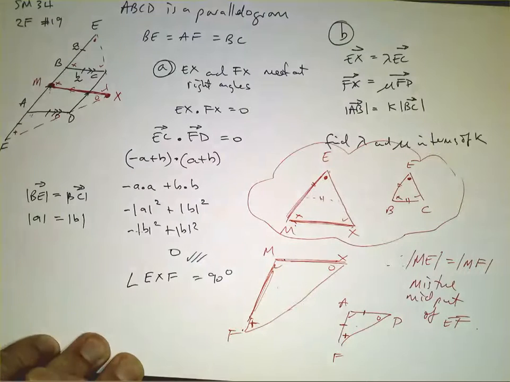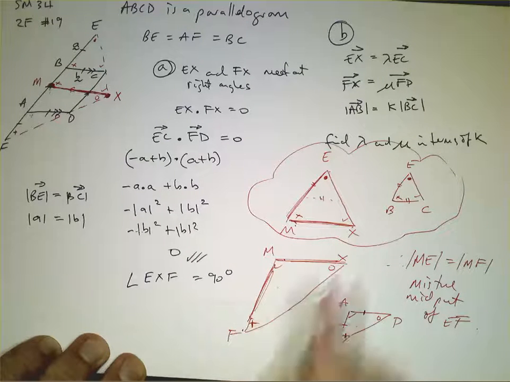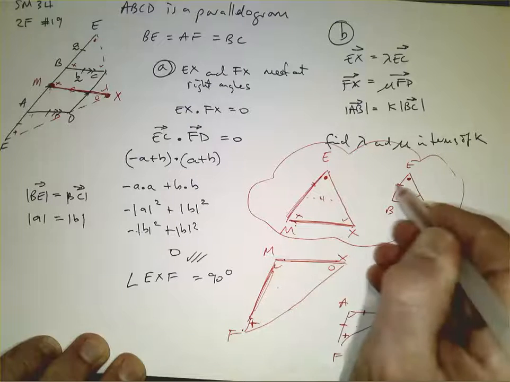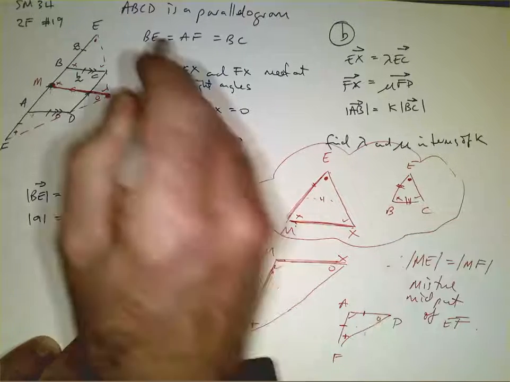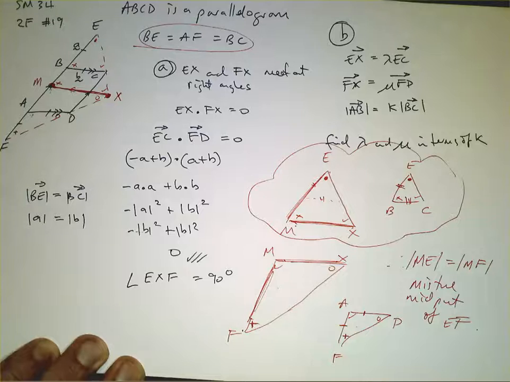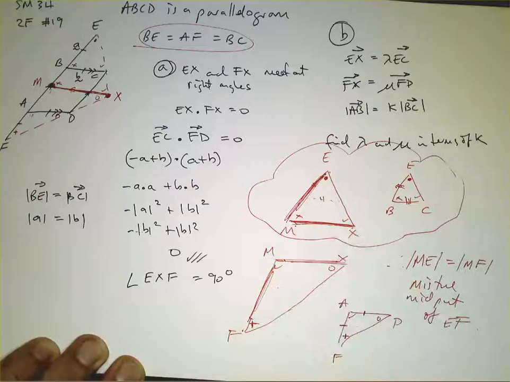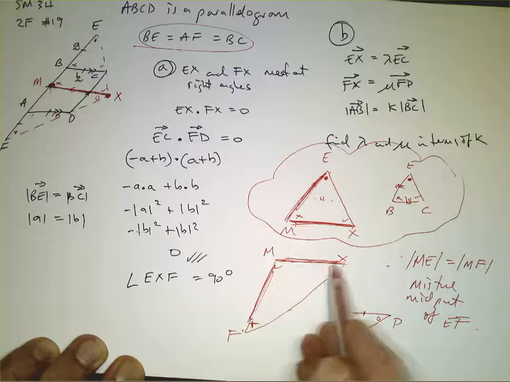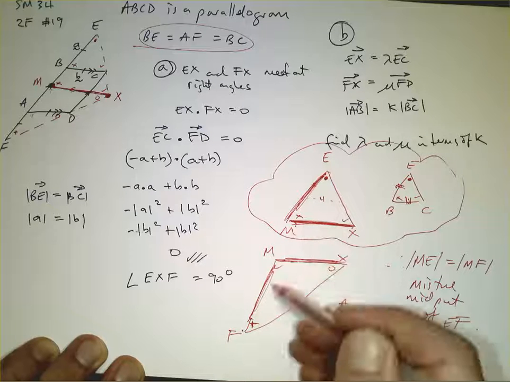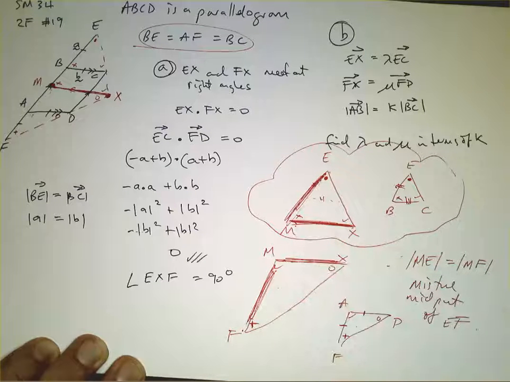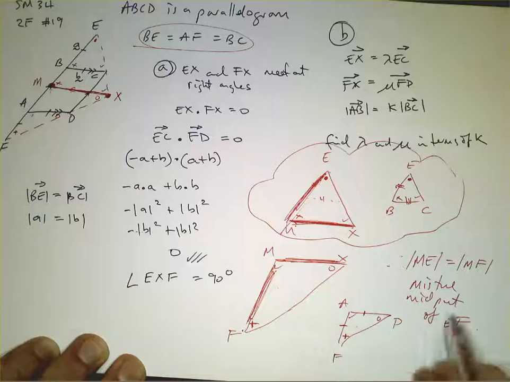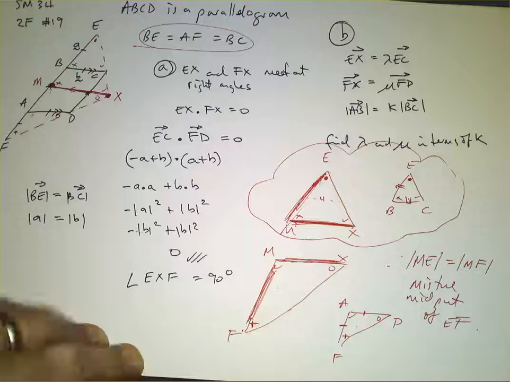Now that was proven not by the fact that it looks like it's the midpoint, it was proven by these similar triangles and the fact that this side is equal to that side, because I'm told that up here. Since they're equal to each other, these are equal to each other. And since this is the same side as that, these two must also be equal to each other. So ME equals MF.